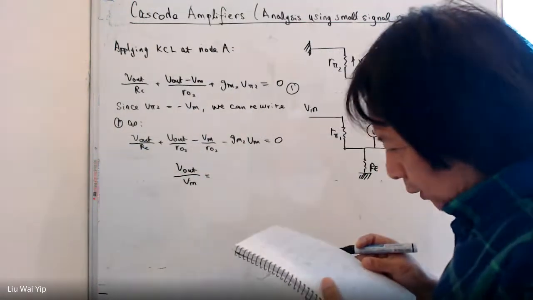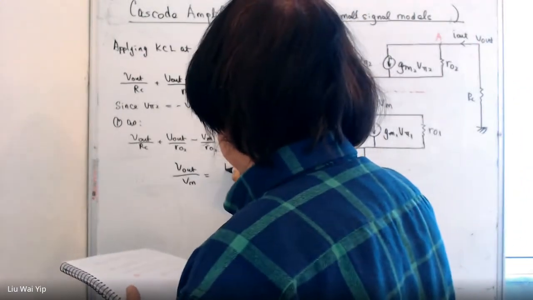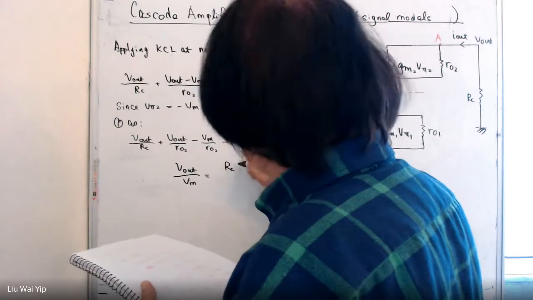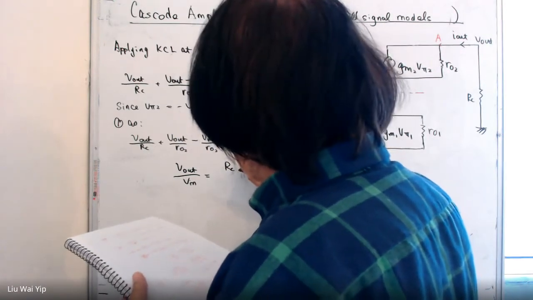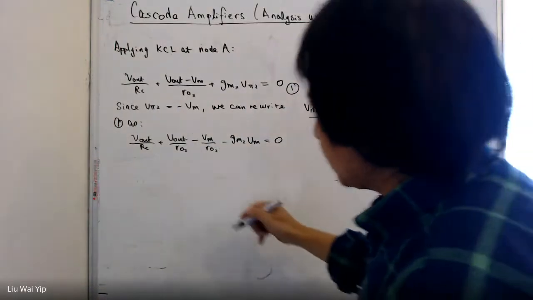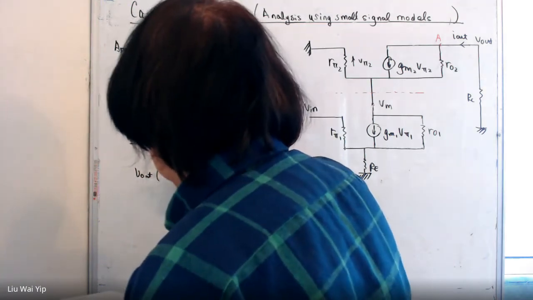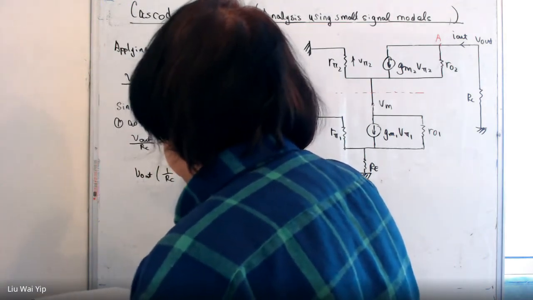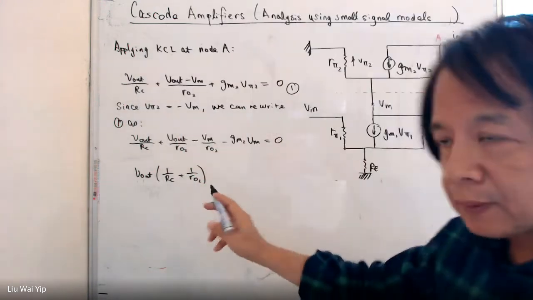And according to my analysis, it is RC. Let us do it step by step, right? Instead of jumping steps. So we have Vout here, 1 over RC plus 1 over RO2.